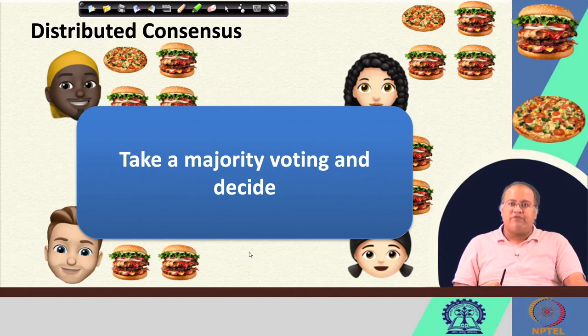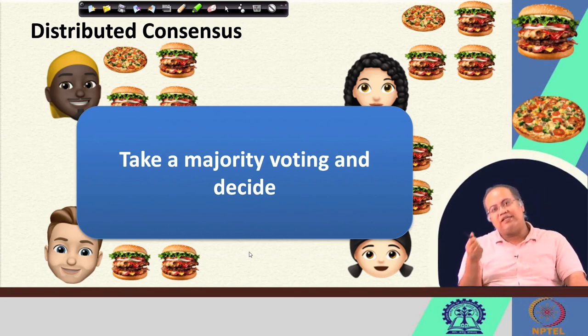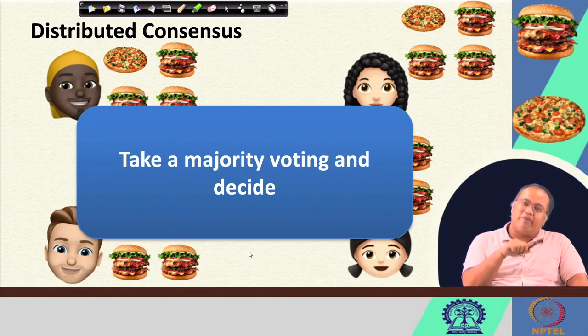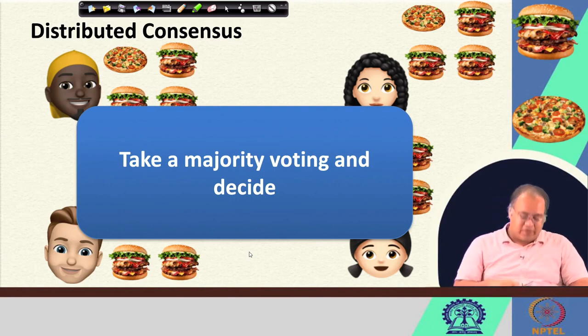After 12 phone calls you make a decision, whereas in the centralized case you can just make 6 phone calls, 3 to get the information and then 3 to inform the others. So whenever you move from a central architecture to a distributed architecture, you are doubling the number of phone calls that need to be made. This is the kind of trade-off.